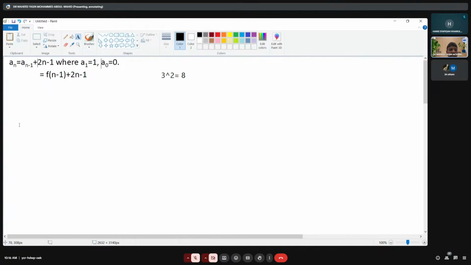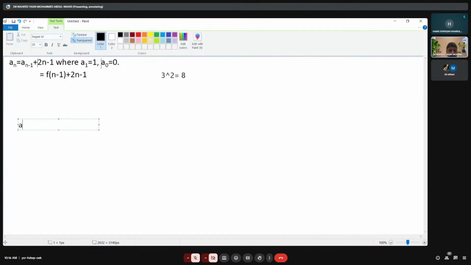So here A3 equals A(n minus 1), which means call F(n minus 1), A2 plus 2 multiply 3 minus 1.